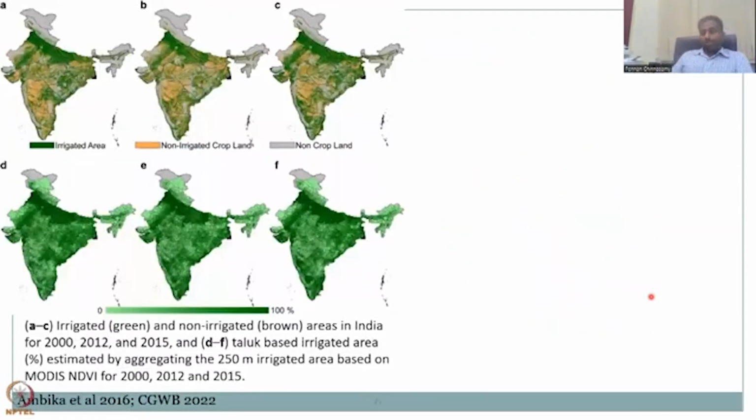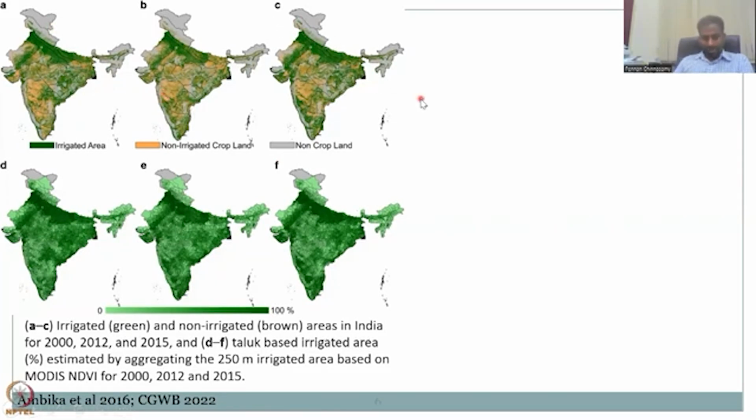Here there's the same paper. There's also multiple images done for entire India, where A to C is given as irrigated, green color, non-irrigated as brown. So they have taken the satellite data and converted it into irrigated versus non-irrigated. The irrigated is green and non-irrigated is just when there is rainfall, it happens, and then there is crops.